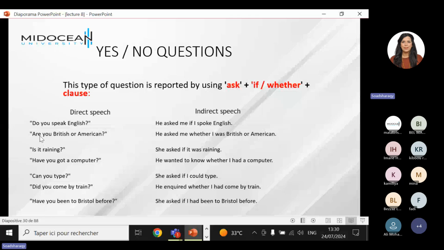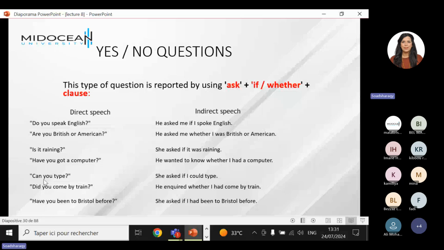Indirect speech: he asked me whether I was British or American. Is it raining? She asked if it was raining. Next example: have you got a computer? Indirect speech: he wanted to know whether I had a computer.